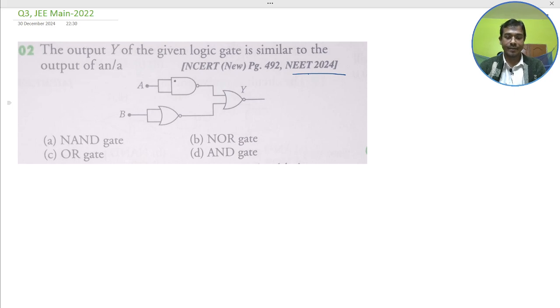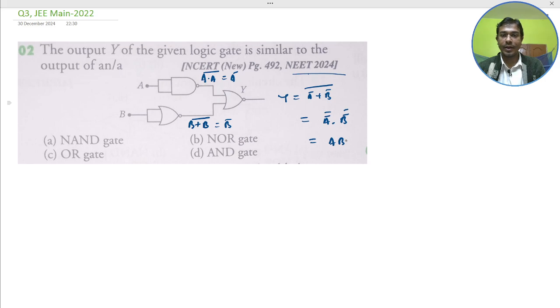Here would be the output A dot A bar, and here the OR gate, so B plus B bar. So this becomes A bar and this becomes B bar, and Y would become (A bar plus B bar) whole bar, that is A double bar dot B double bar, that is A dot B. Basically Y equals the AND gate, A dot B. So D would be the correct answer, A dot B.